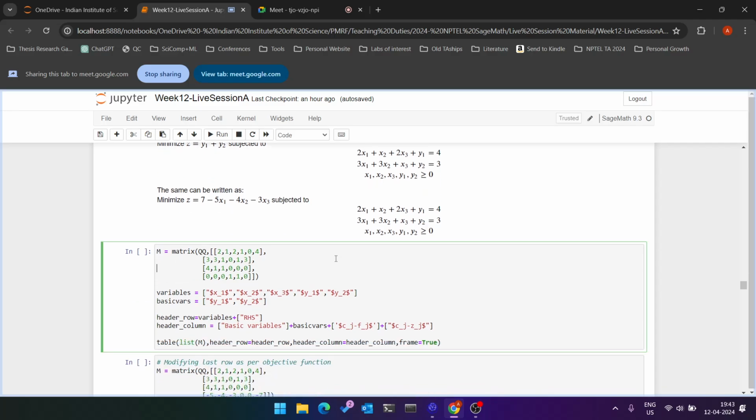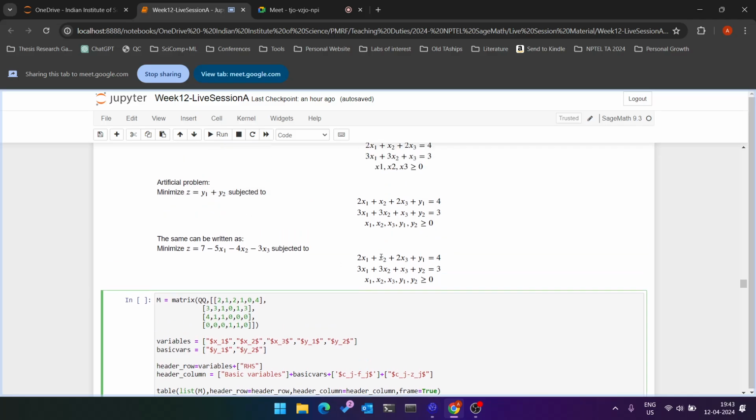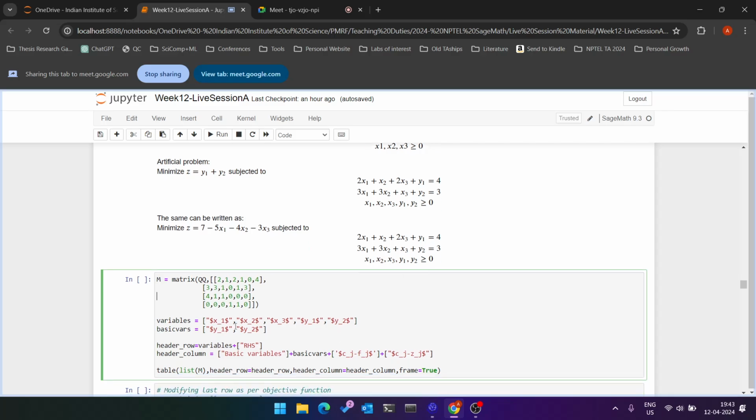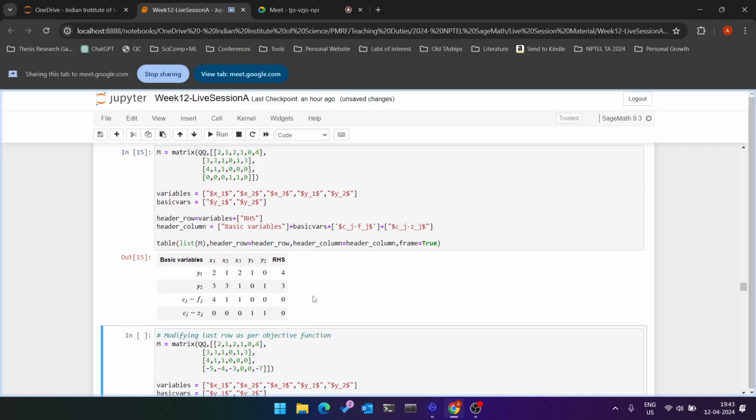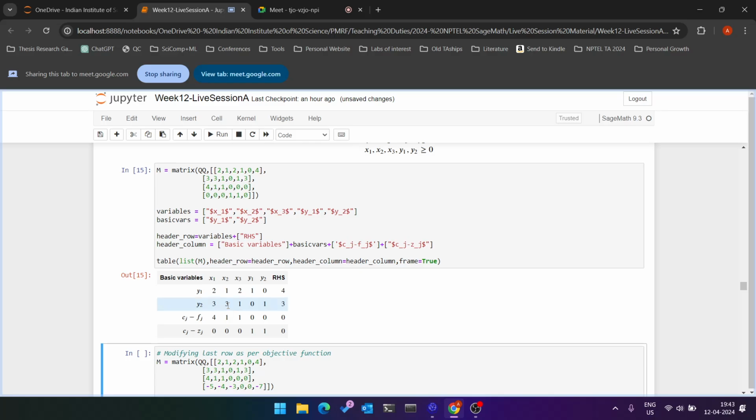We first write down our matrix M, which contains all the constraint coefficients as well as the right hand side. We also list our variables x1, x2, x3, y1, y2, and the basic variables as y1, y2, and I write it entirely in a table form with a header row and header column as well as a frame just to make it easily visible.